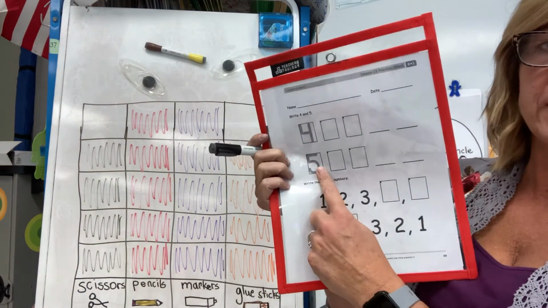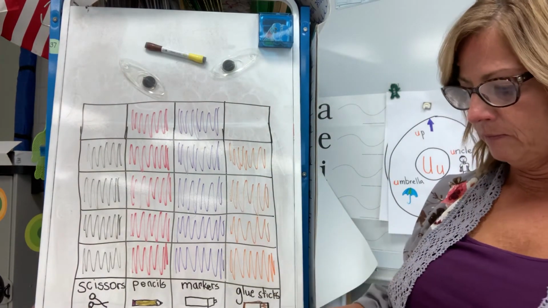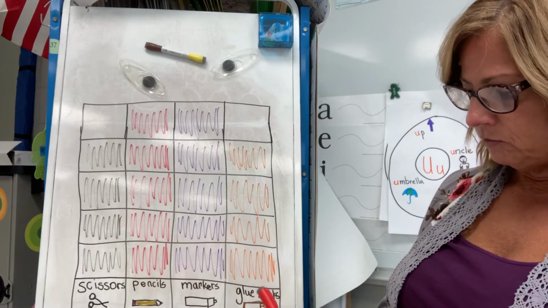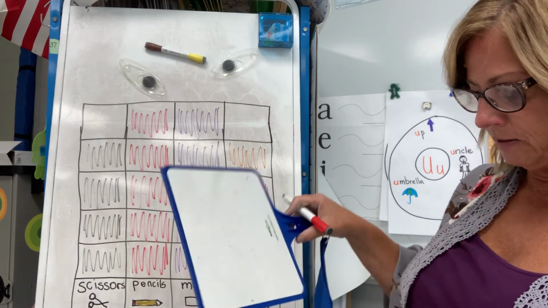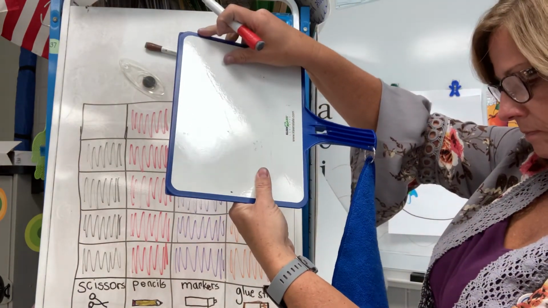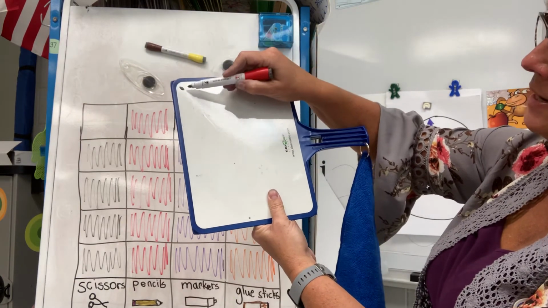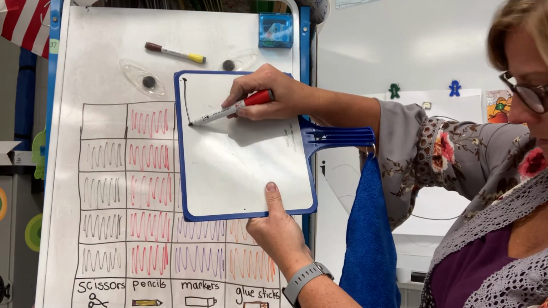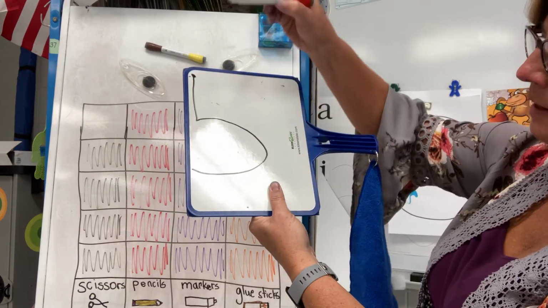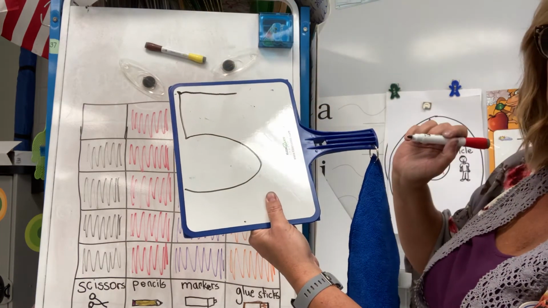Okay, and now we're going to practice the number 5. Okay, number 5 says, trace down the side. So we're going to start up here at the dot, trace down the side, curve like that, go back to the dot, and give it a hat.